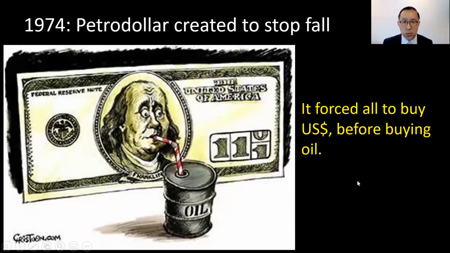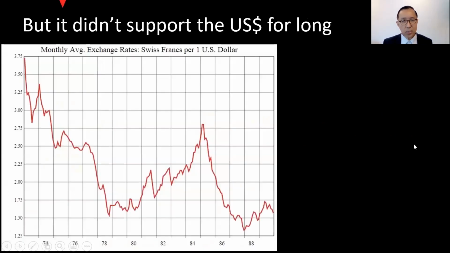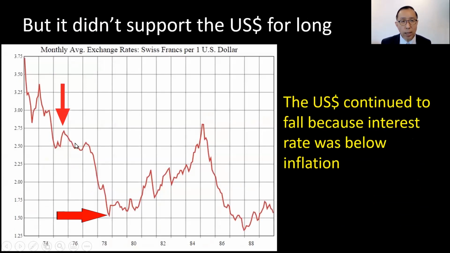And so all of us who need oil will have to buy US dollars before we buy oil. So that lent a lot of support to the US dollar. This chart shows that the US dollar held for a while, but not for long. After a few months, it began to fall again. Why? Because, again, they were not controlling US inflation.